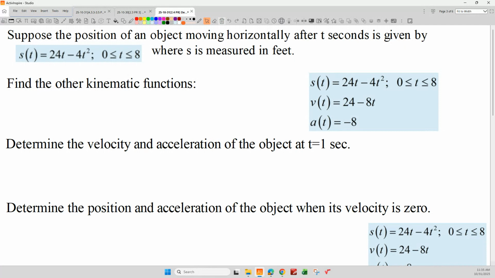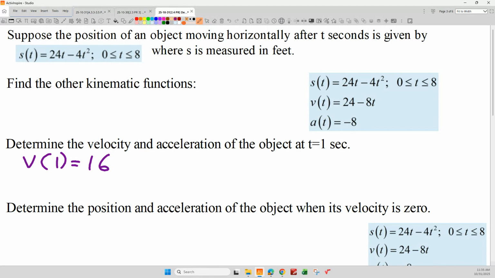At that one frame in the video, at t equals 1, what would velocity be? 16 is right. How did we get that? Just evaluate v, absolutely. So v of 1 equals positive 16.